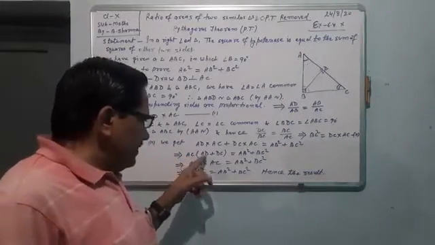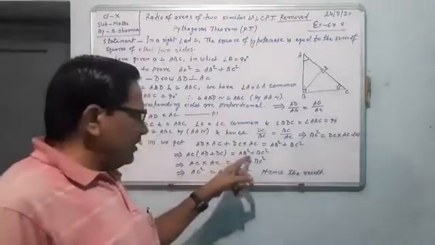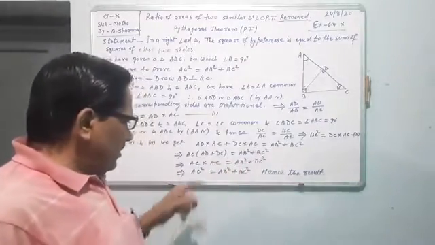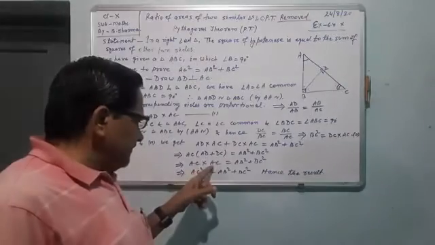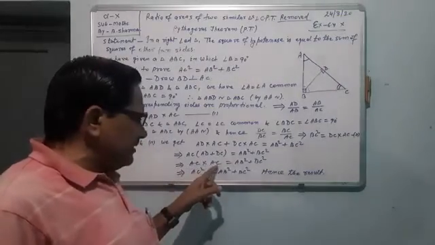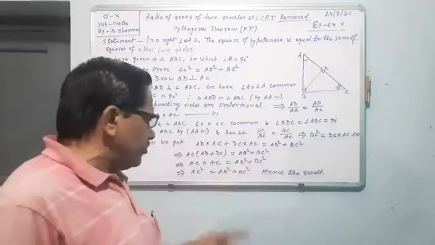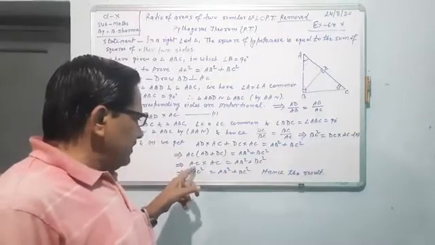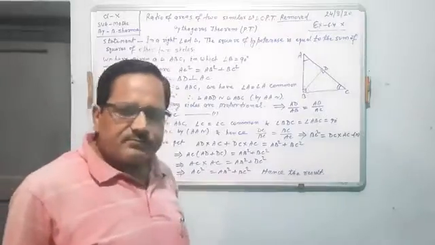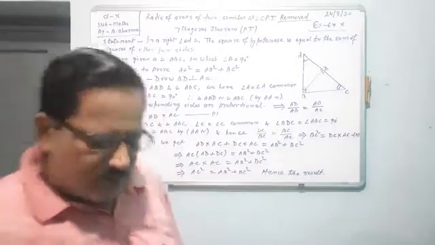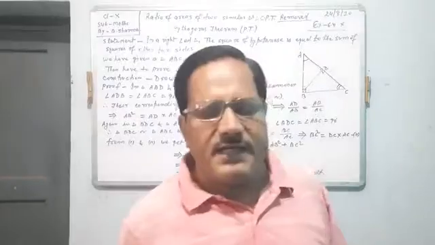We have AC times (AD plus DC) equals AB square plus BC square. AD plus DC equals AC. Therefore, AC multiplied by AC, which is AC square, equals AB square plus BC square. And hence the proof of the theorem is completed.